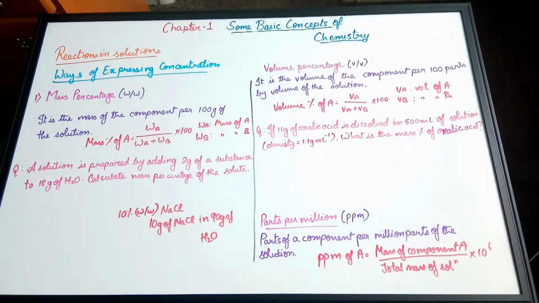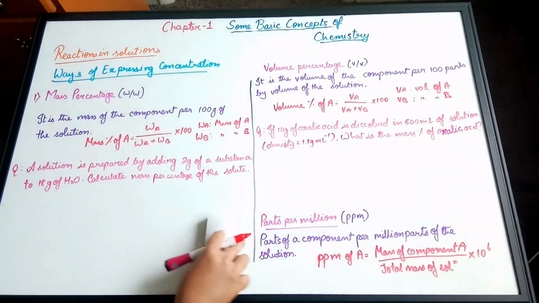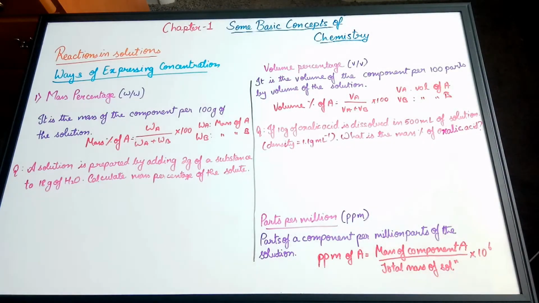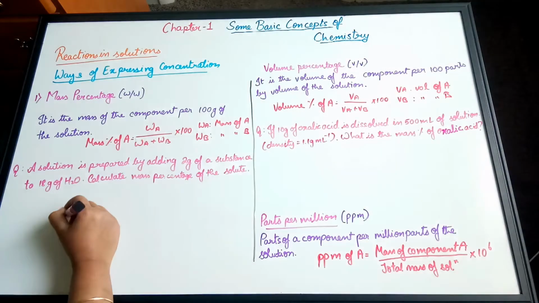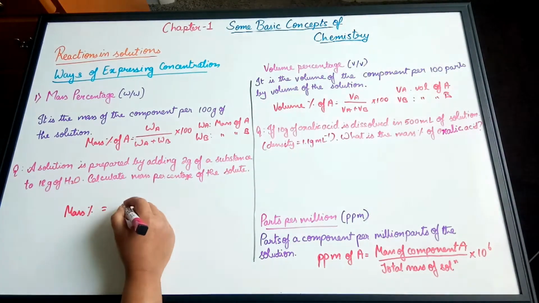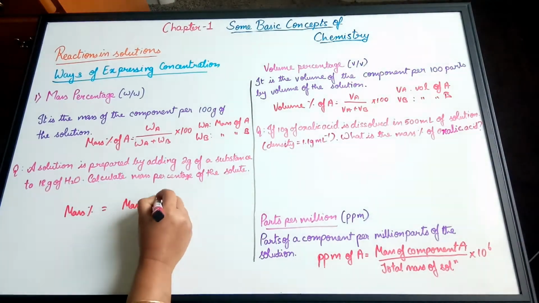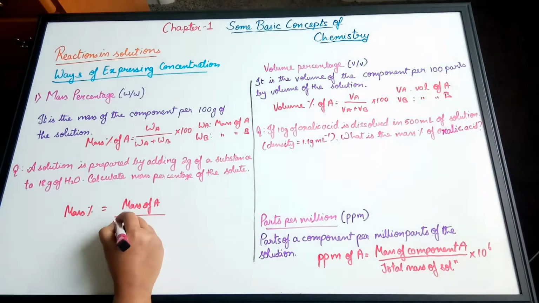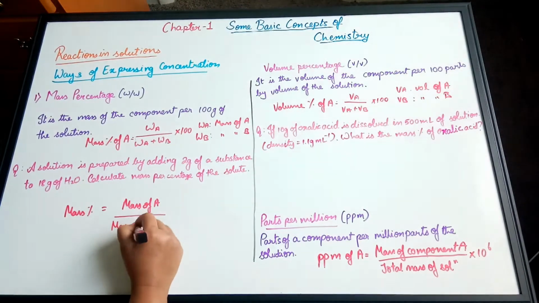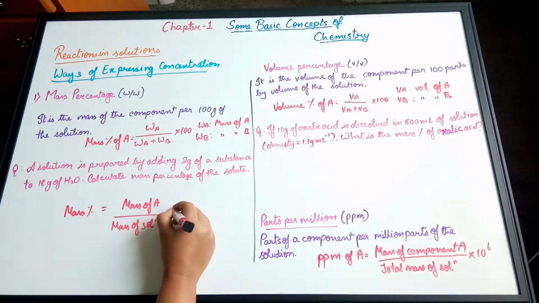Now let's do a numerical. A solution is prepared by adding 2 grams of a substance to 18 grams of water. We need to calculate the mass percentage. Mass percentage is equal to the mass of A divided by the mass of the solution, into 100.